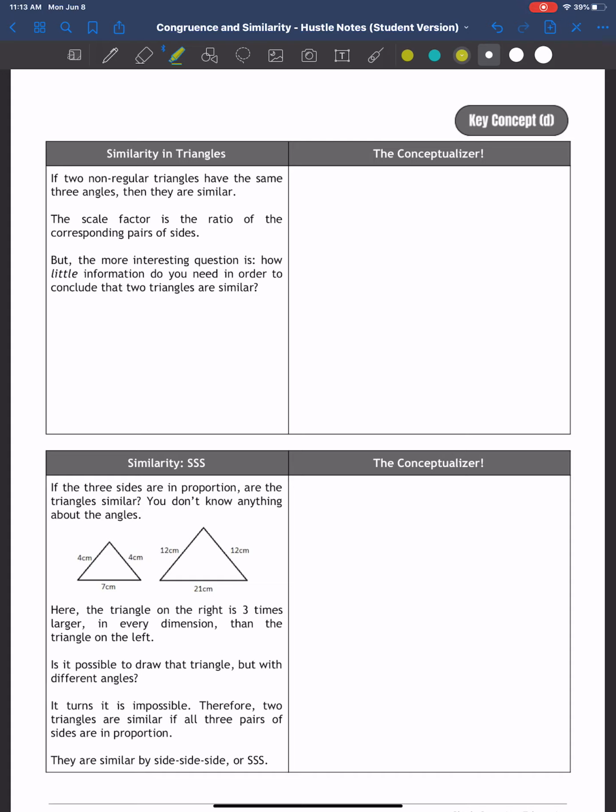So if two non-regular triangles have the same three angles, then they are similar. The scale factor is the ratio of the corresponding pairs of the sides, but the more interesting question is how little information do you need in order to conclude if two triangles are similar? So, if you look at the teacher notes, you will see three triangles.